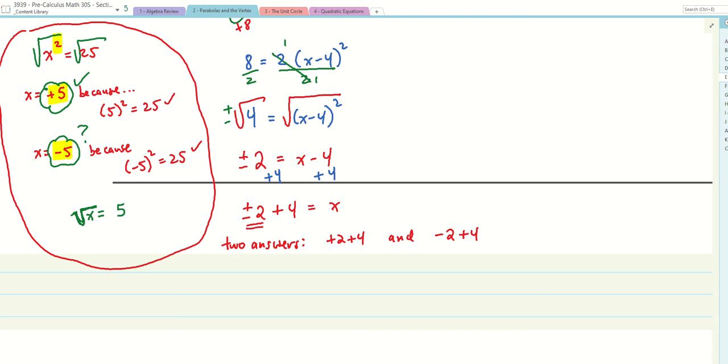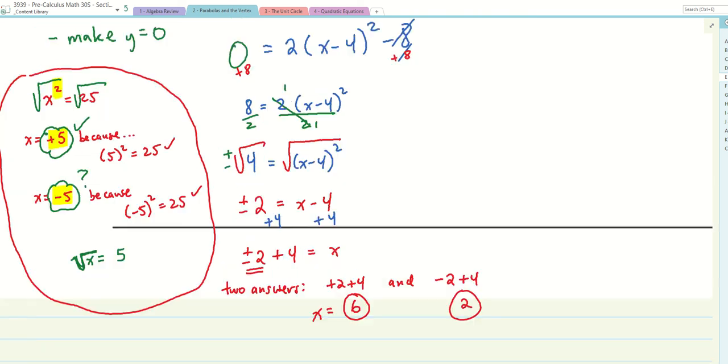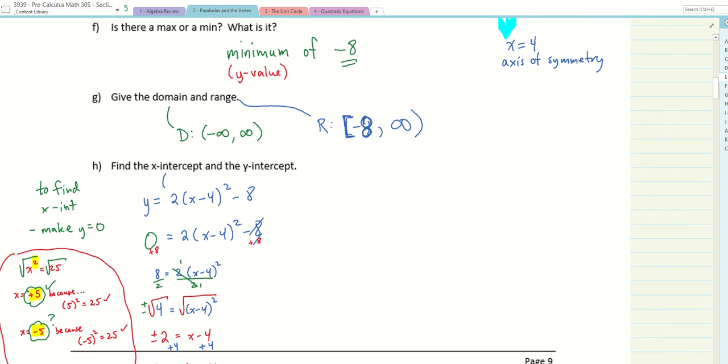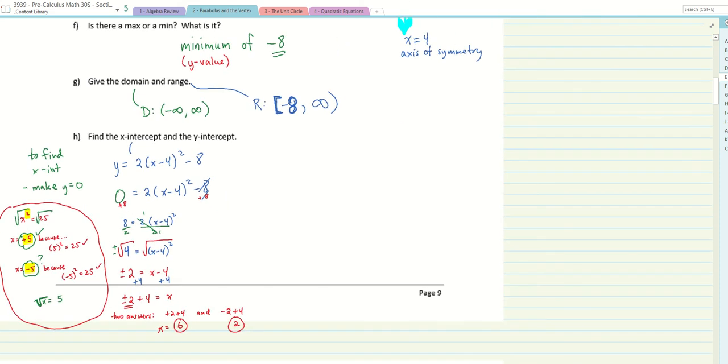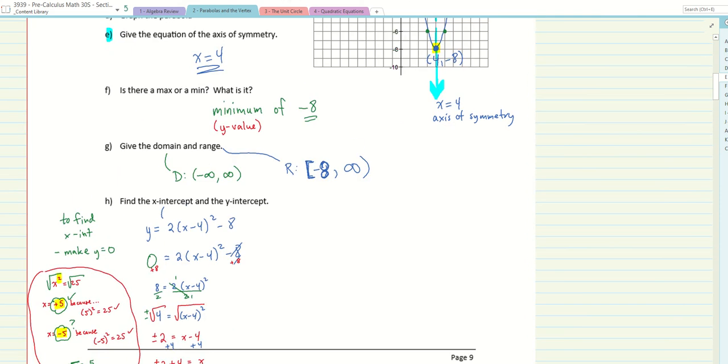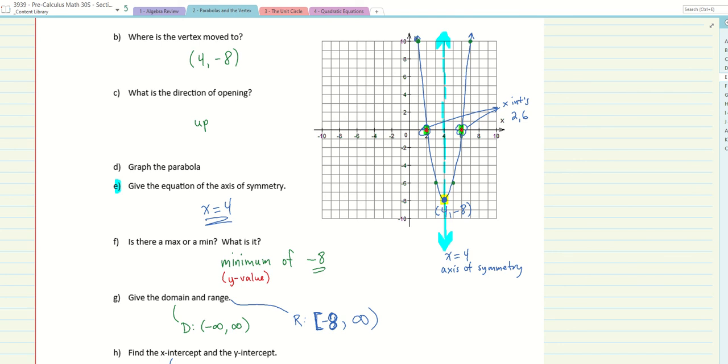Well, positive 2 plus 4 is 6, and negative 2 plus 4 is 2. So I get two solutions to this equation for my x-intercepts, which is totally what I want, because if I go back up to the graph, that's completely what's going on there. If I go back to the graph, I have 2 and 6. I have two answers to that equation that I was solving to find the x-intercept.